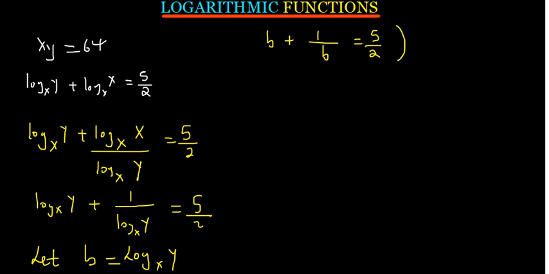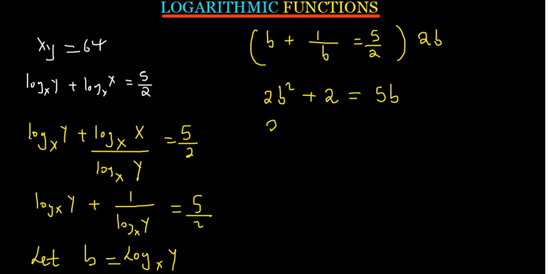I can multiply everything by b. This is going to be b squared. Actually, let me not multiply just by b, but let me multiply by 2b, because I can see b and 2 in the denominator. So b multiplied by 2b, that is going to be 2b squared, and then plus 1 over b multiplied by 2b, that is going to be 2. That will be equal to 5 over 2 multiplied by 2b, that is going to be 5b.